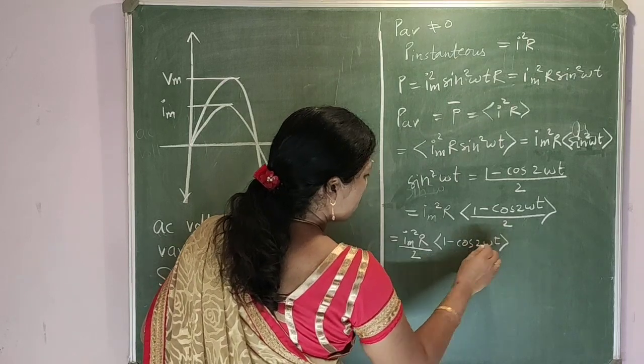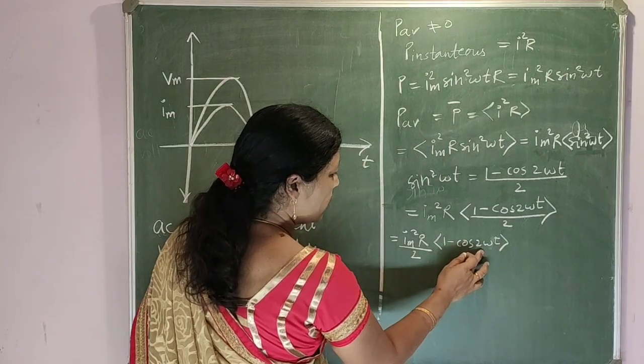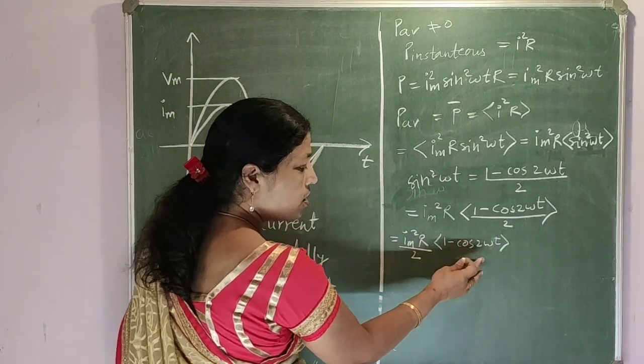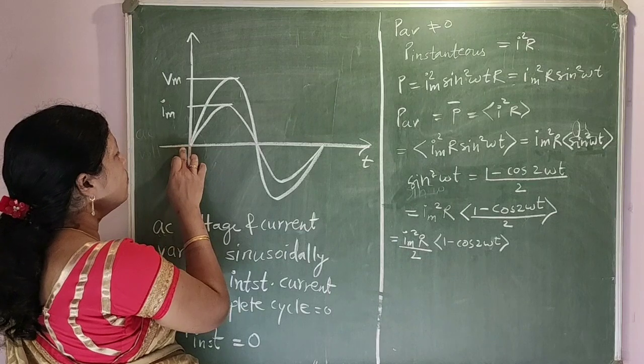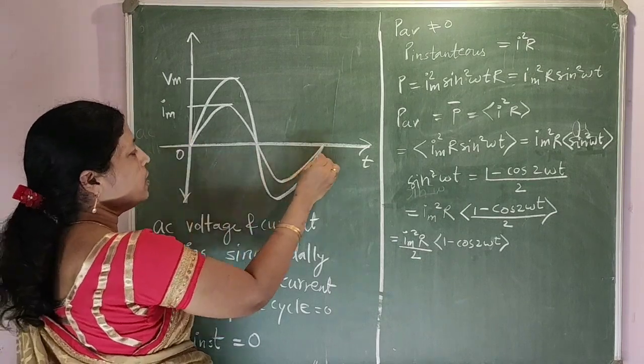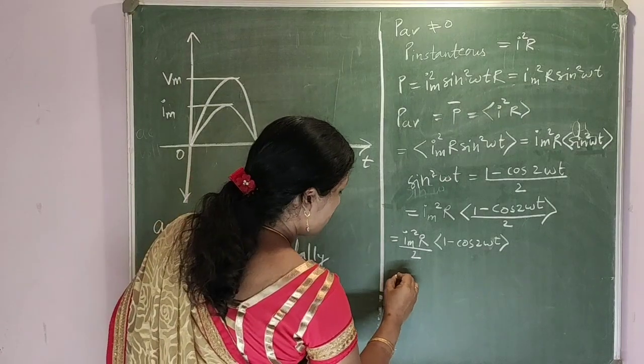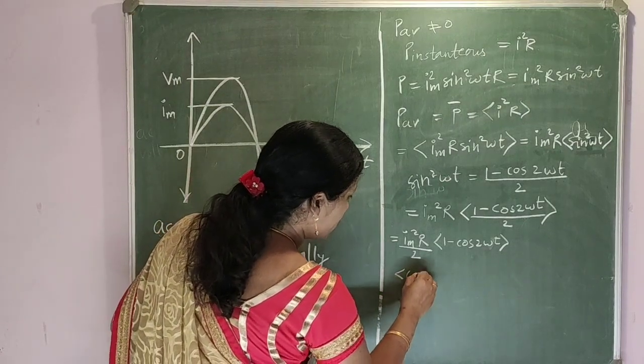As you can see, 1 is a constant. We want to find out the average of cos 2 omega t over a complete cycle. Complete cycle means time from 0 to T, capital T, the time period. So how to find the average of cos 2 omega t?